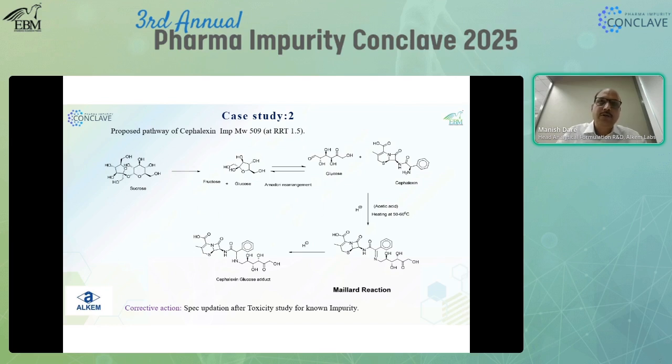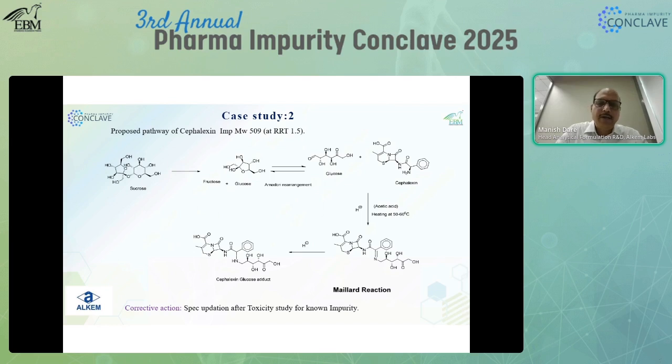The literature clearly indicates that if sucrose or fructose is used in the formulation, adduct formation may occur. Not only in cephalexin, but in other molecules like oseltamivir and many more, adduct formation happens. But for this particular product, there is no information available in the USP or other data domains.